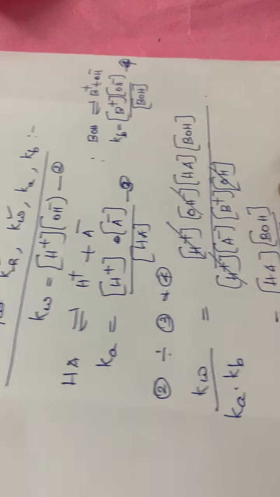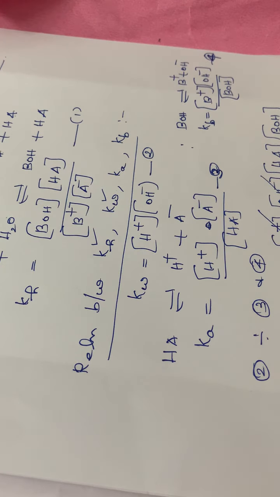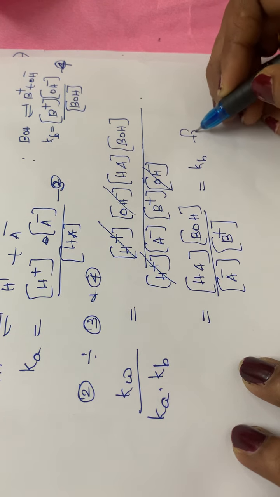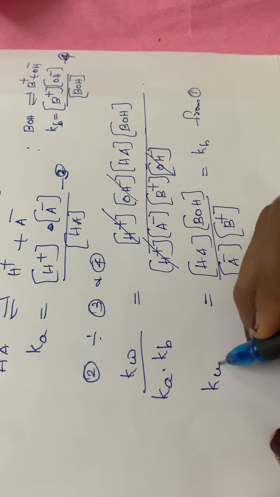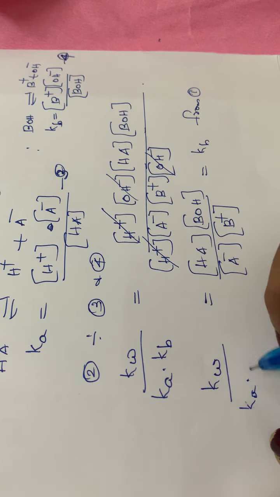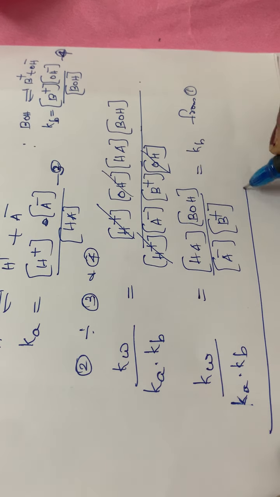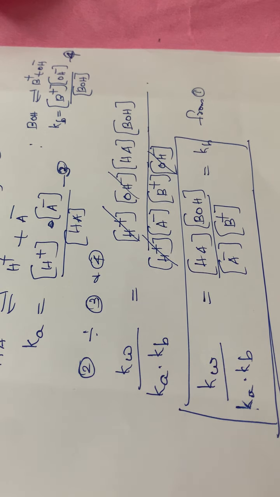This will be equal to KH from equation 1. So KH is equal to KW by Ka into Kb. This is also very important.